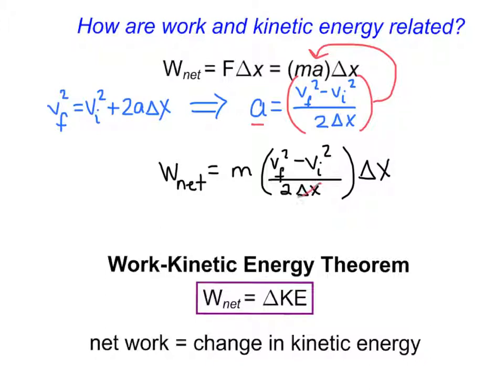Now my change in displacement, those cancel out, and when I distribute the mass to the different terms in my equation, I can rewrite this as follows. I get my net work equals 1/2 mv squared for my final velocity minus 1/2 mv initial squared.